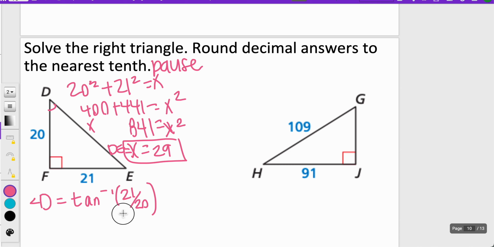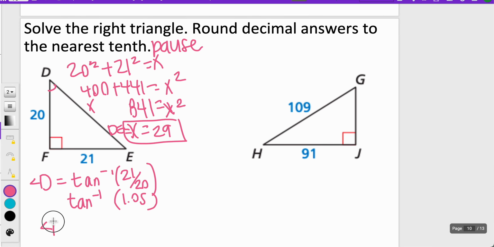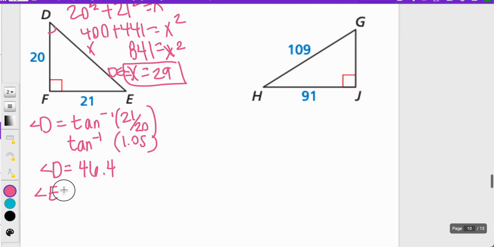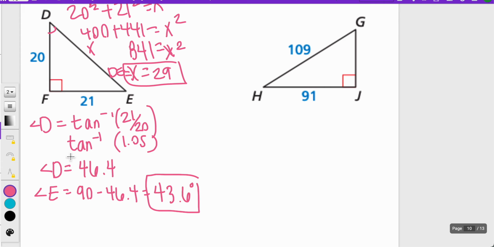I'm going to get 1.05, and then I'll find the inverse tangent of that. And I'm getting about 46.4 rounded, so angle D is about 46.4. And then to find the measure of angle E, I'm just going to take 90, subtract 46.4, and I'm going to get about 43.6 degrees. Okay.